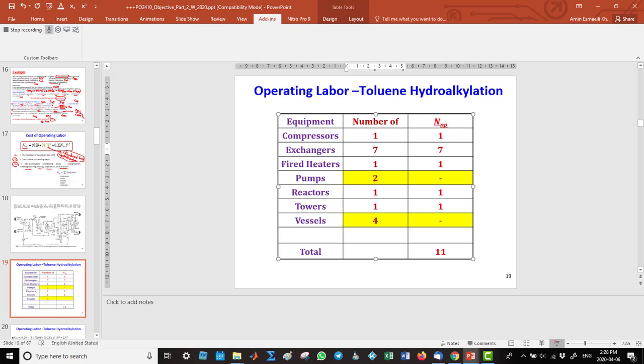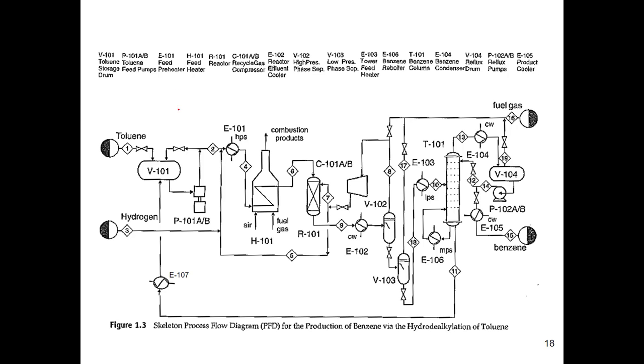So what you will do is look at your system, your flow sheet, the PFD flow diagram, and count the number of equipment that you have. For example, for heat exchangers, this is one, this is the second, this is the third, the fourth, 5, 6, 7. I have 7 heat exchangers: 1, 2, 3, 4, 5, 6, 7.